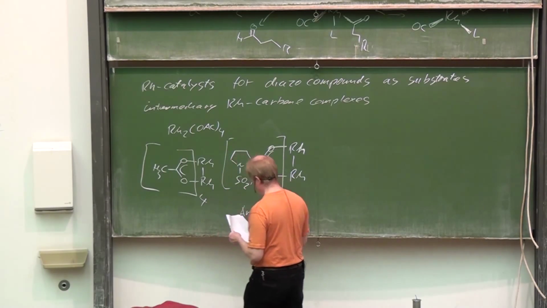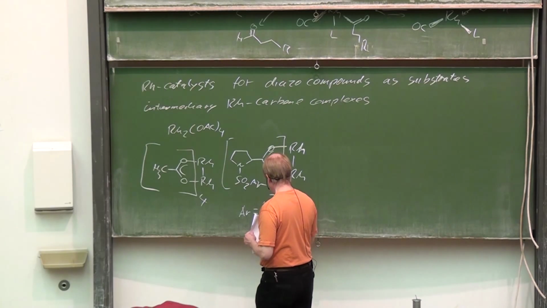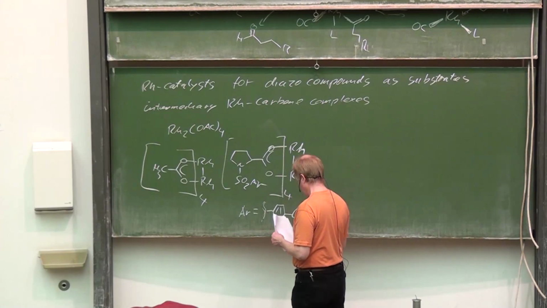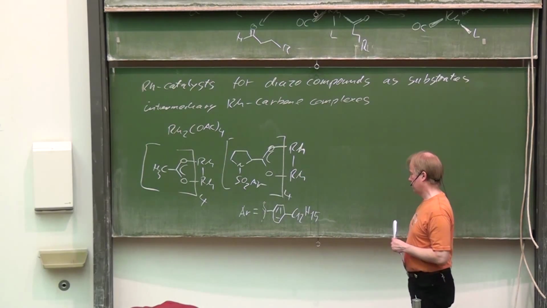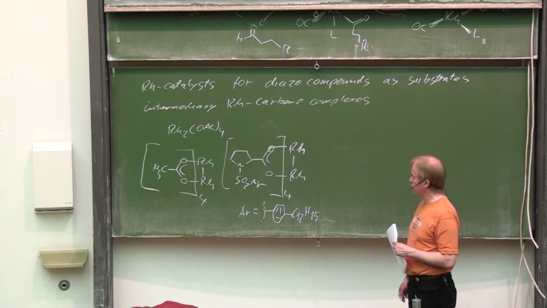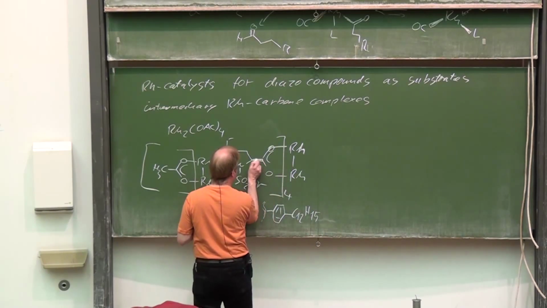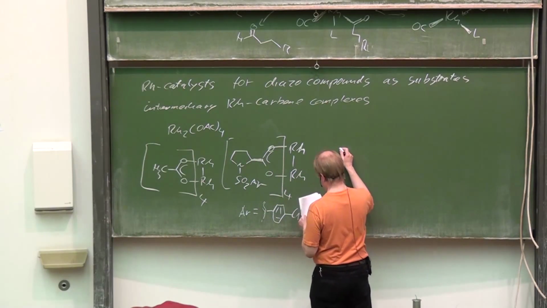The aryl group here is a special one. We have a paraphenylene with a long chain, a dodecyl chain, causing a good solubility of that chiral complex.